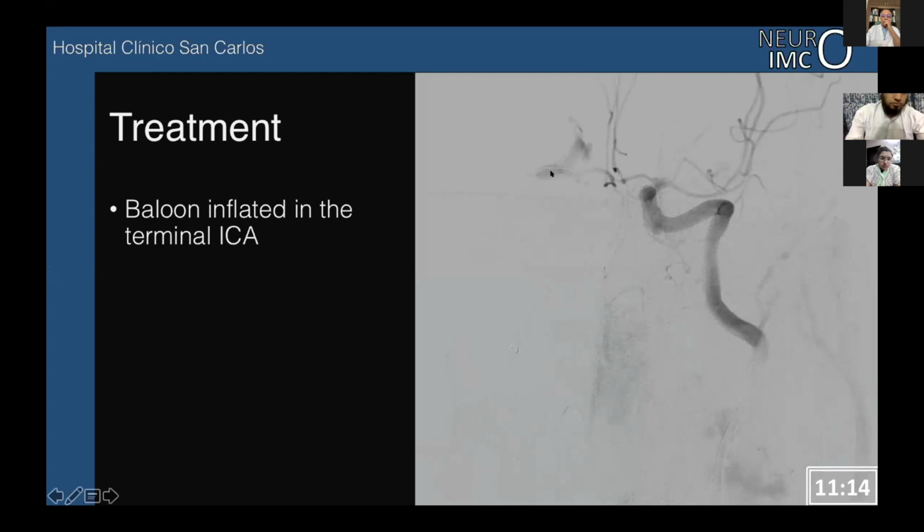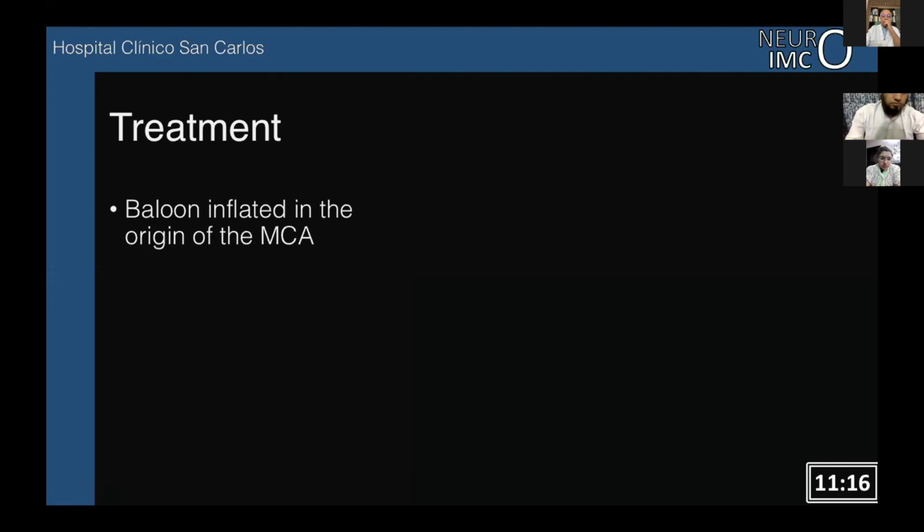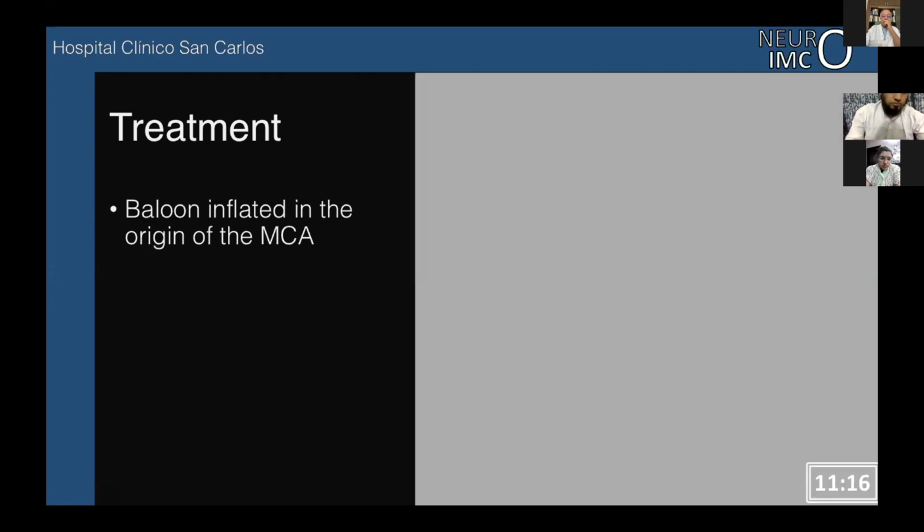I have some extravasation of contrast in the middle cerebral artery. I remove the balloon and inflate it more proximal to overlap the siphon and the middle cerebral artery, but I don't see very well where is the point of rupture of the middle cerebral artery.